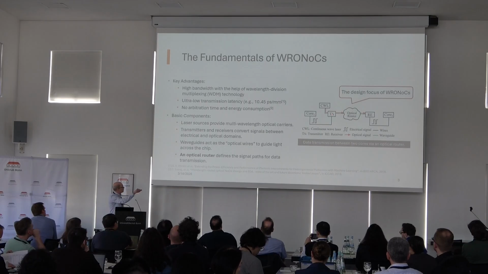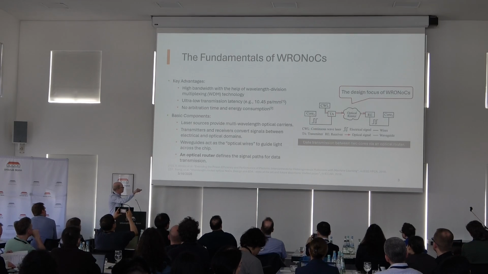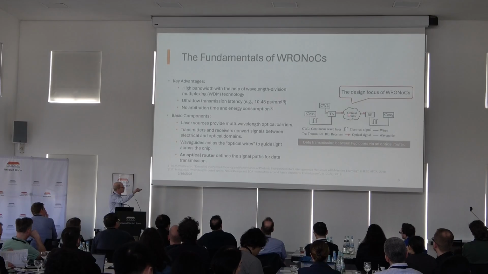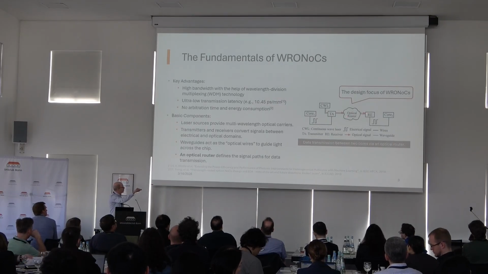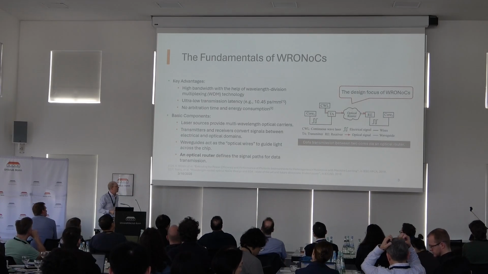Then there is a transmitter here where a laser source is modulated. Then we have an optical signal progressing along waveguides, sent into an optical router where it's then routed to its destination. And then there's a receiver which demodulates the optical signal, converts it into electrical again, and then it goes to the second core. So that's the fundamental idea.